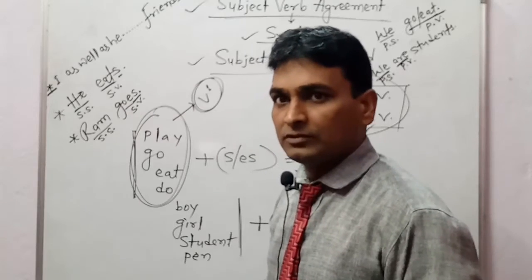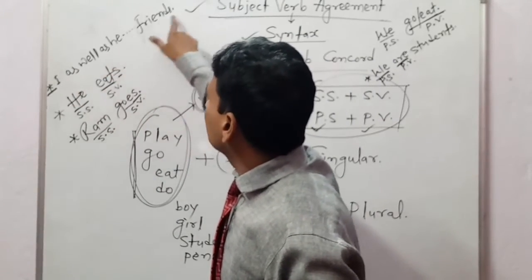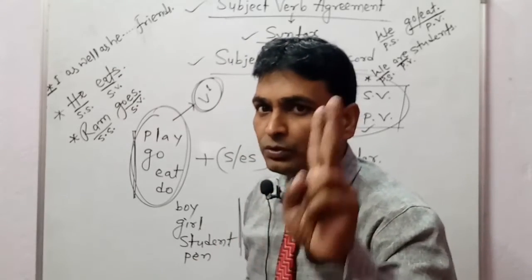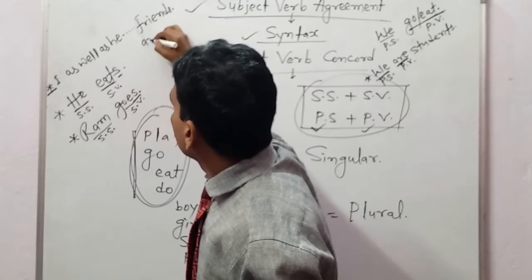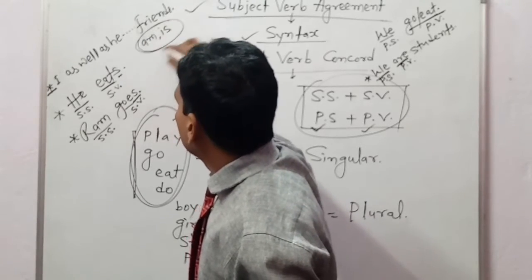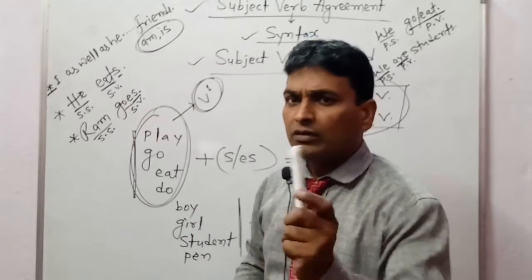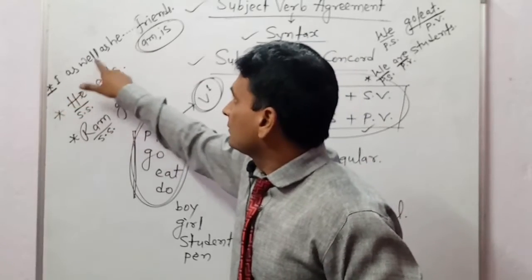I as well as he dash friends. I am also giving you two verbs as options. Here I am writing am and is. Two verbs I have given, am and is. One of them you have to fill in the blank. I as well as he.